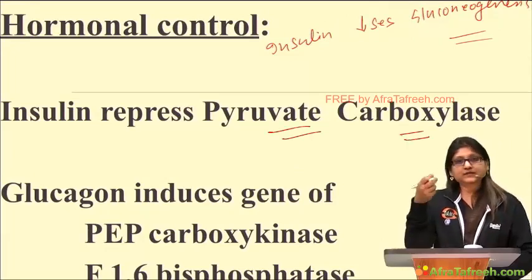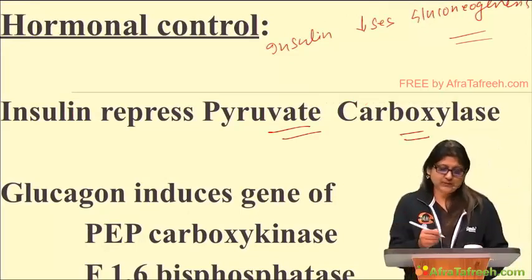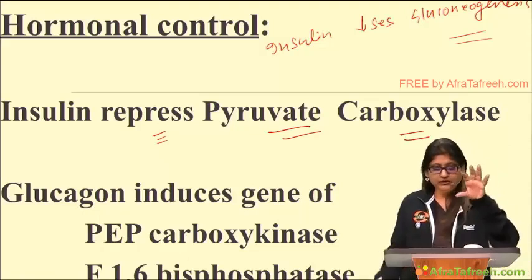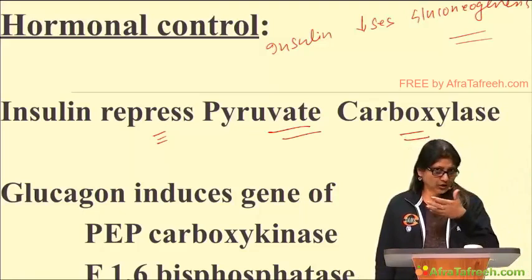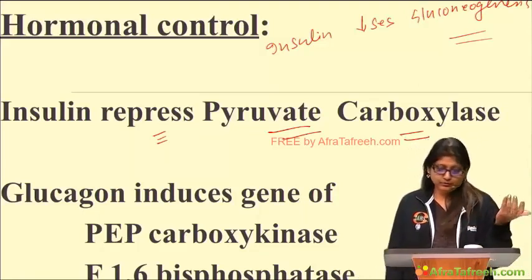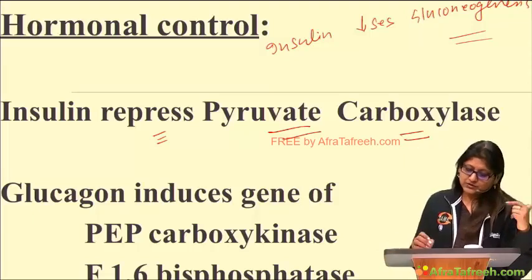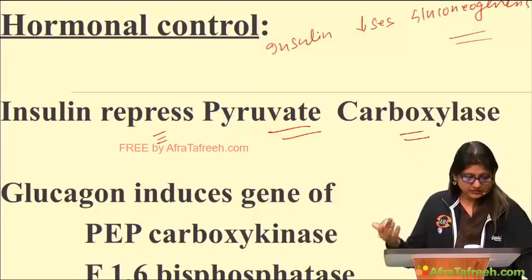Pyruvate carboxylase is a protein, an enzyme which comes from a gene, and that gene is being repressed by insulin. So whenever insulin is there, it's going to repress the gene. Pyruvate carboxylase enzyme is not produced at all. When not produced at all, that's not going to lead to gluconeogenesis, right? So insulin is going to suppress the gluconeogenesis in this fashion, right?